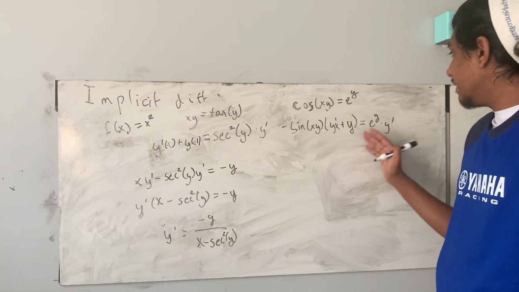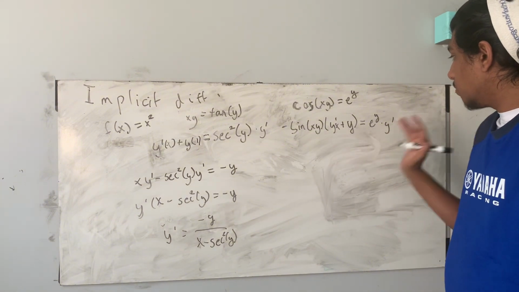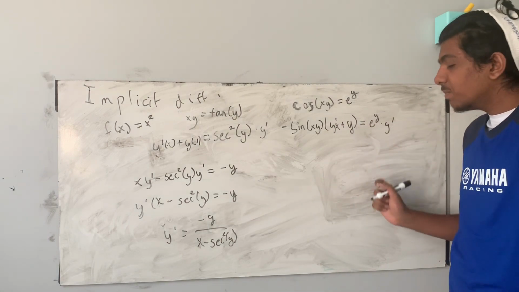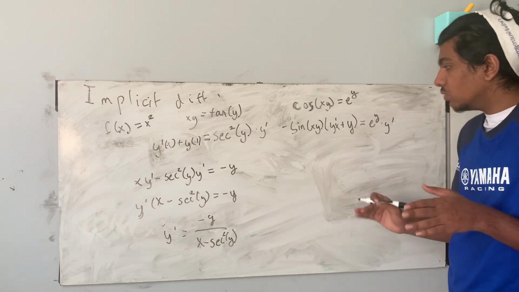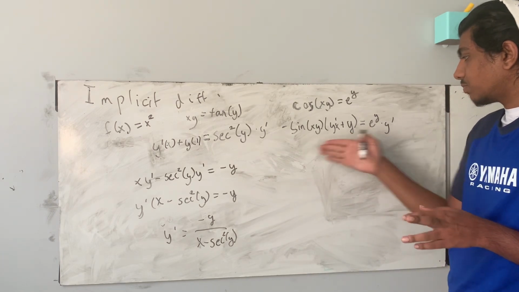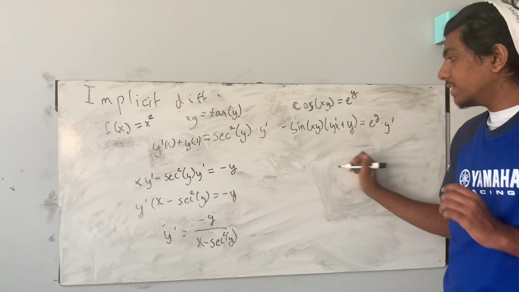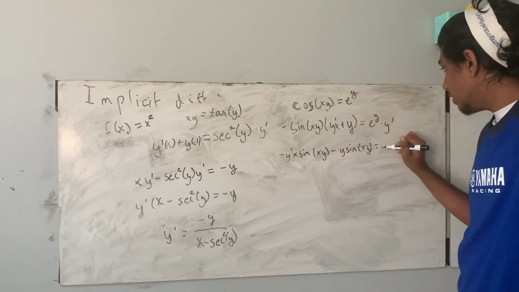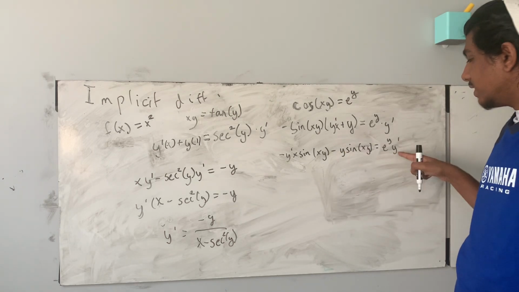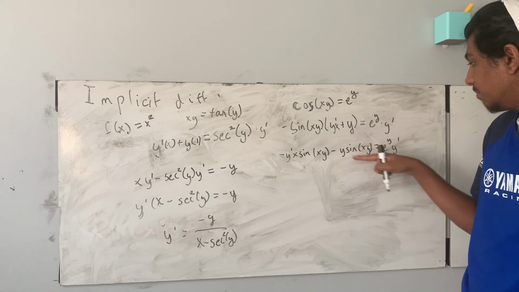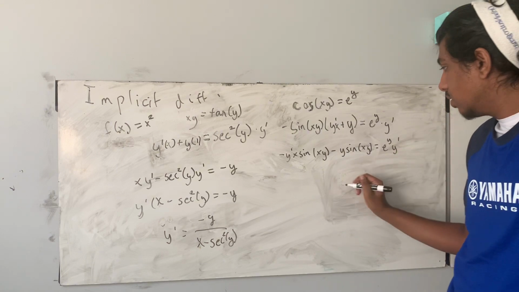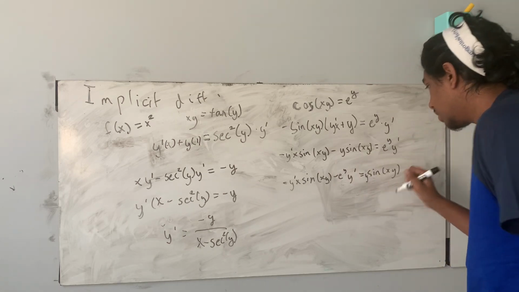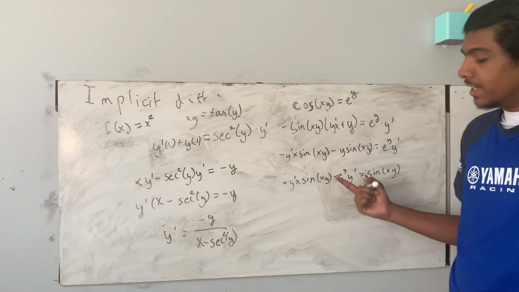Now, all we're trying to do is isolate y prime. This is going to look messy, but trust me, it is doable. Let's multiply this out. We're trying to isolate y prime, so let's subtract this on this side, add that on that side. We get negative y sine of xy.